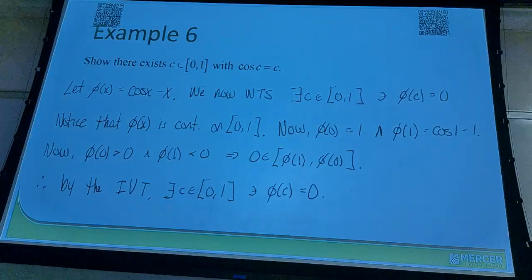Notice what the intermediate value theorem does not tell us. It does not tell us what C is equal to. It's simply guaranteeing there is a number between 0 and 1 where cosine of that number is equal to that number.